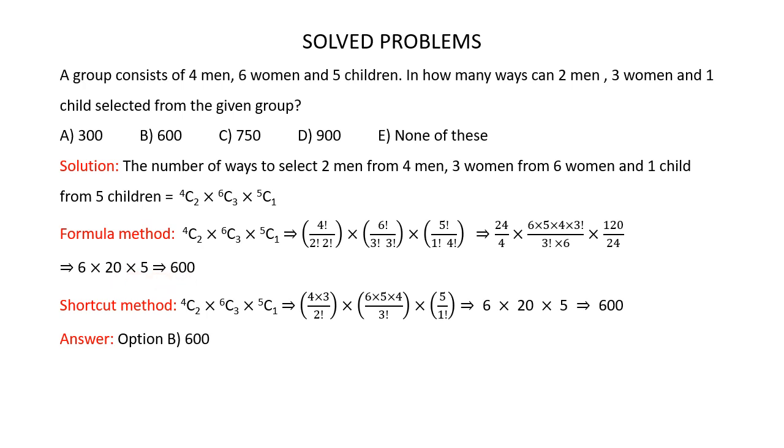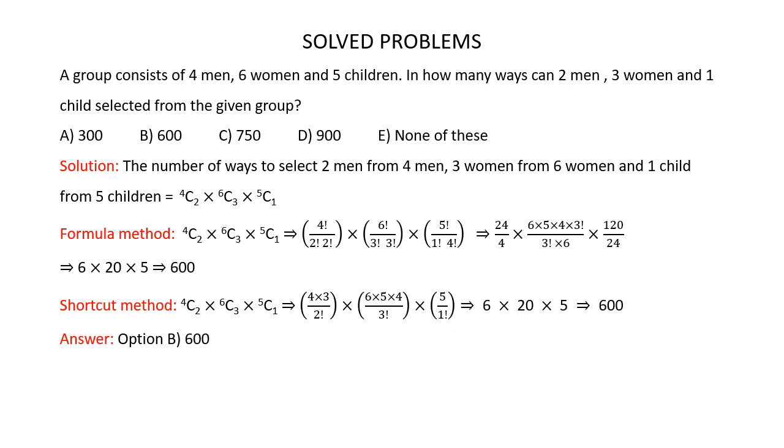Now let's look at the shortcut method. 4C2 multiplied by 6C3 multiplied by 5C1. Now 4C2 can be written as 4 multiplied by 3 divided by 2 factorial. 6C3 can be written as 6 multiplied by 5 multiplied by 4 divided by 3 factorial. 5C1 can be written as 5 divided by 1 factorial.